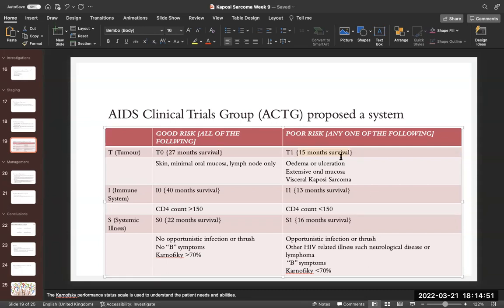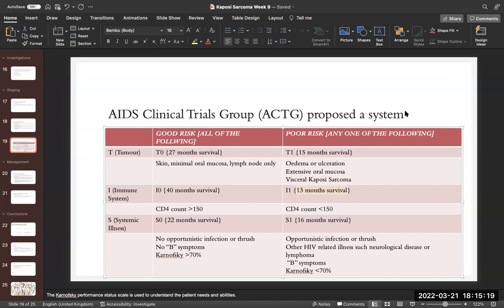So what you find is if you're in this category, you tend to have a better survival in this particular area compared to this particular area. That's basically what they were trying to establish. So you see, it's better to survive 40 months compared to 13 months based on the CD4 count. So they were just comparing within the same group. That's all it's about.